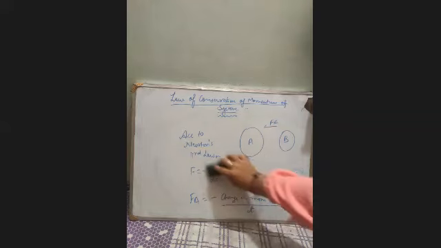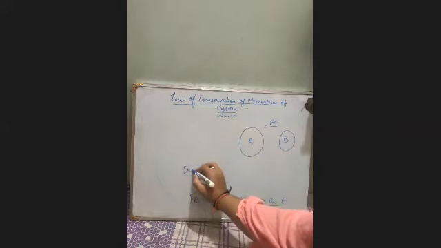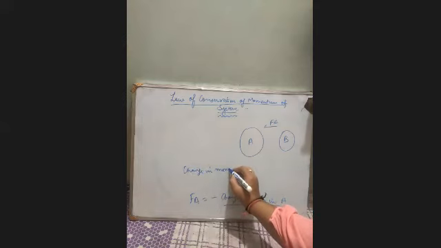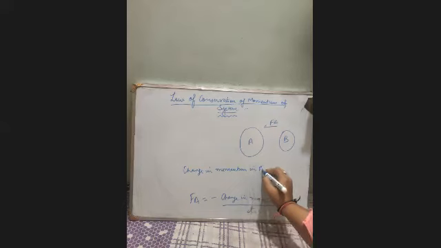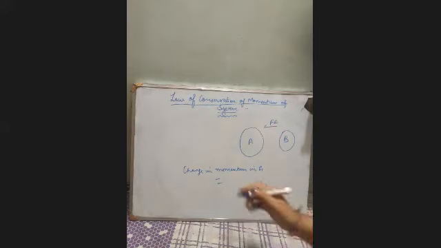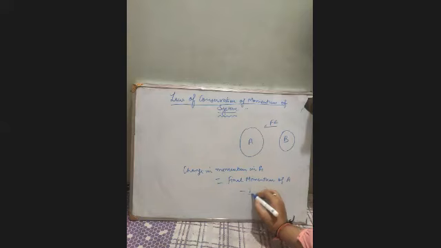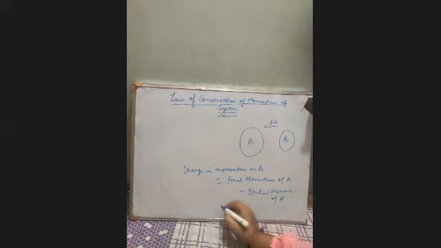And after that, what is the change in the momentum in A, right? We have to evaluate that numerator term. So change in momentum in A should be equal to final momentum of A minus initial momentum of A. So can you tell me what is the final momentum of A?